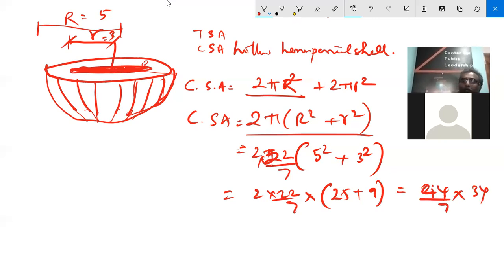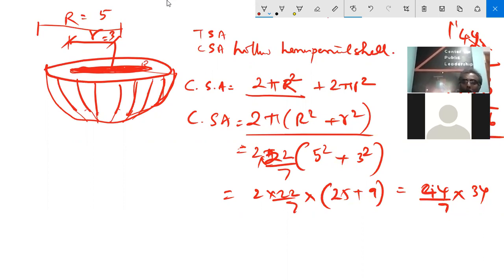So what is 44 into 34? 4 fours are 16. 4 fours are 16, plus 1 is 17. 3 fours are 12, again 3 fours are 12, plus 1 is 13. 6 plus 0 is 6. 7 plus 2 is 9. 1 plus 3 is 4.